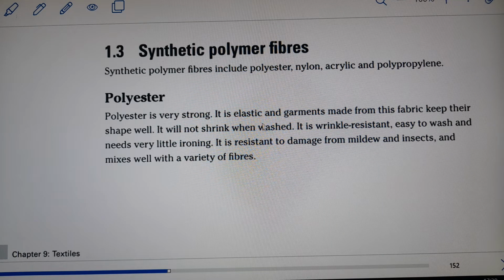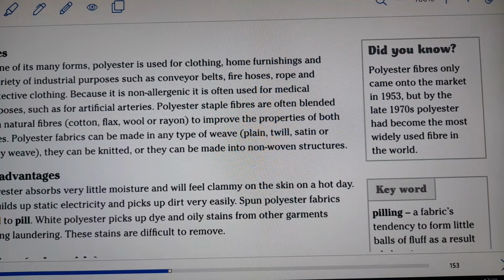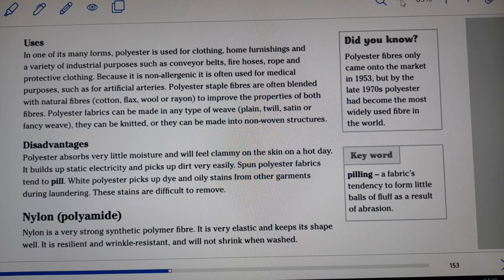This paragraph covers the properties of polyester, which is one of the examples of the synthetic fibers. These paragraphs are similar to the table that we had for the other types of material. Let me minimize this so that it can fit in my screen.